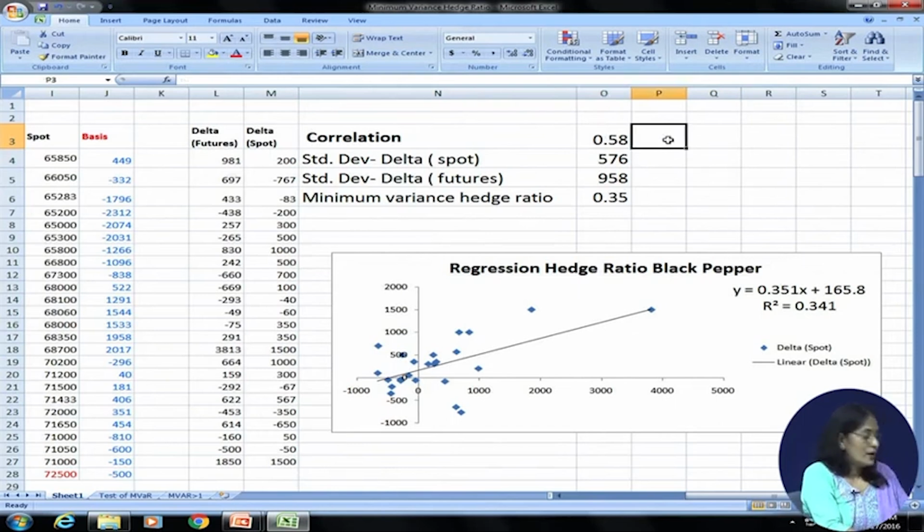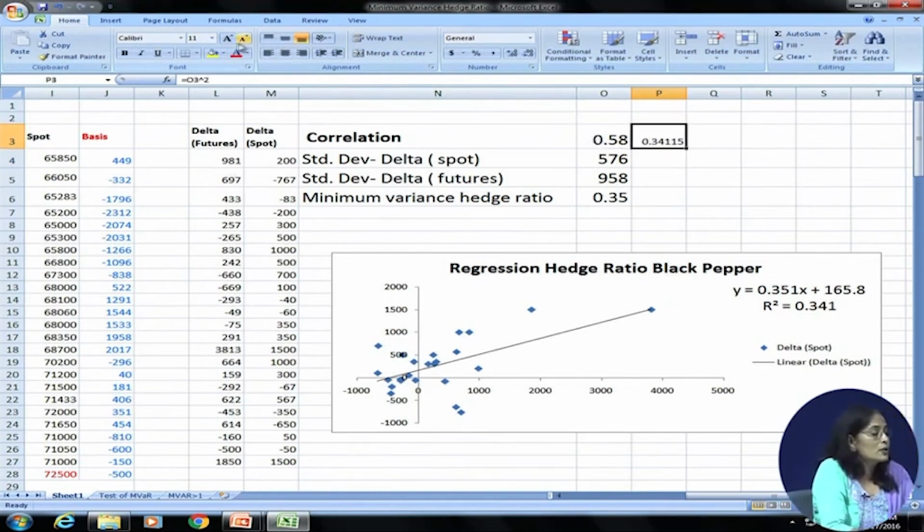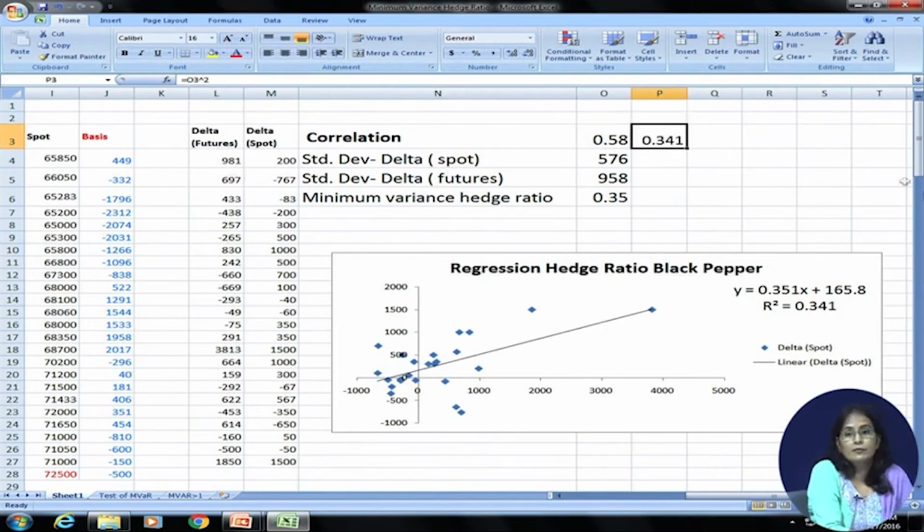So if I just square it, 0.58 to the power 2, it is nothing but your coefficient of determination.